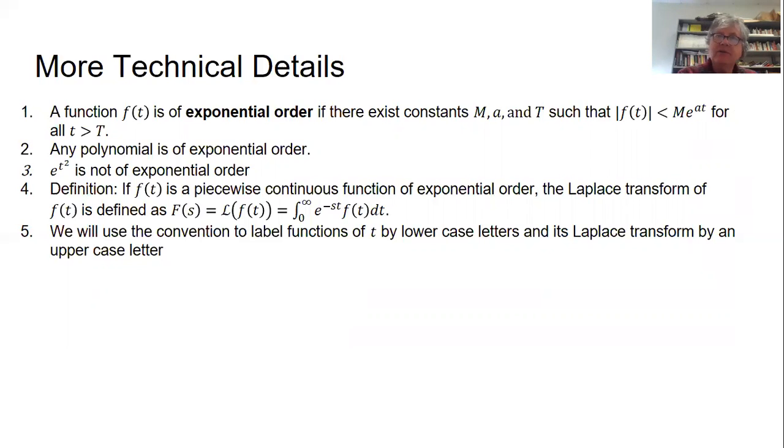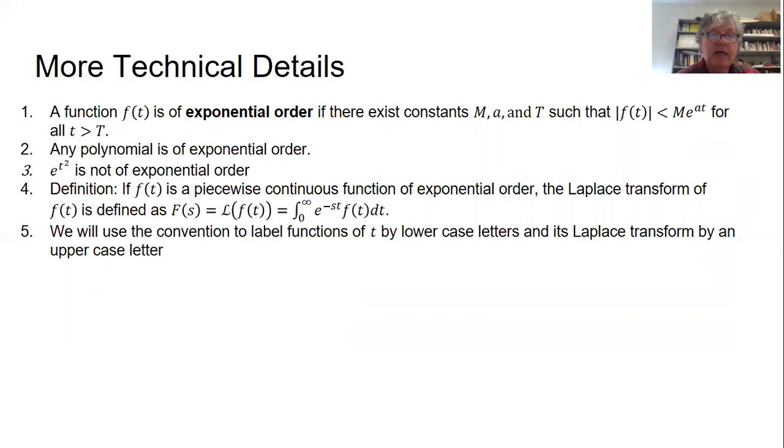So it's allowed to grow really quickly. Then as long as it settles down to just simple exponential growth, it's of exponential order. For example, any polynomial is of exponential order, but e to the t squared is not of exponential order.